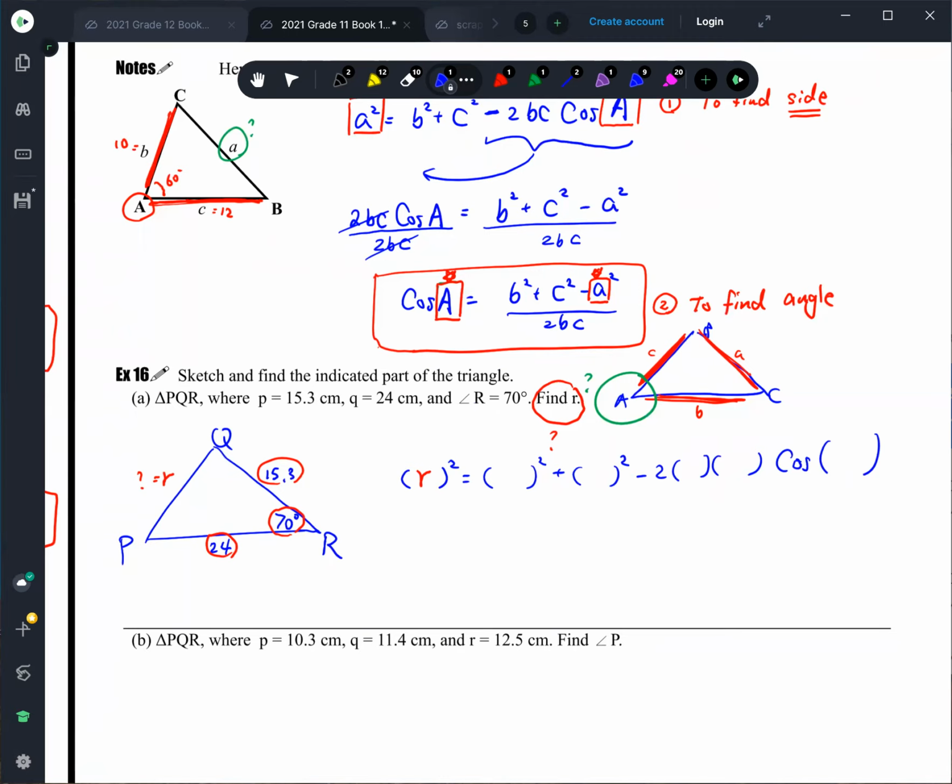Okay, Mackenzie, can you tell us what goes into the blanks in order? From left to right. Mackenzie, do you have any questions?